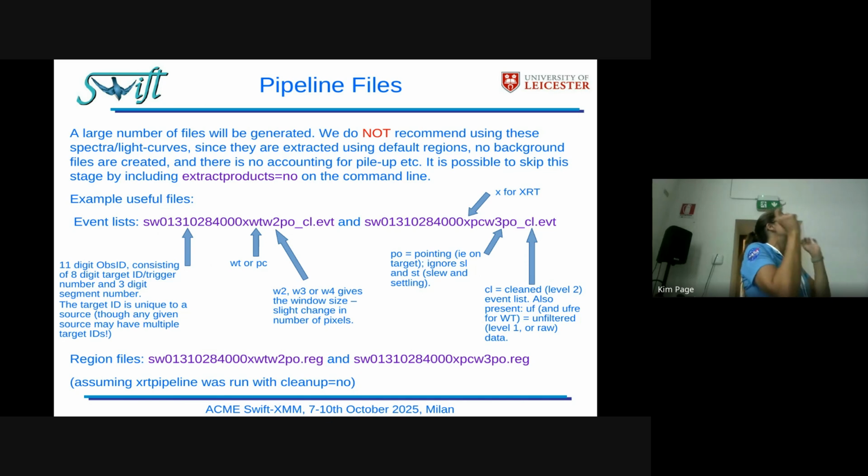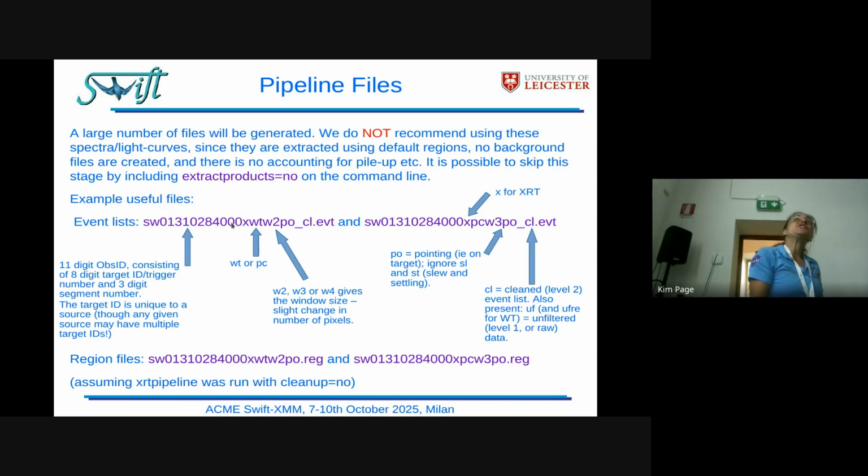That is unique to the source. So any observation that you see that starts 01310284, anything with that will correspond to this GRB 250504A. Then there may be more than one target ID for a given source for various reasons, but any given target ID will only correspond to one source.